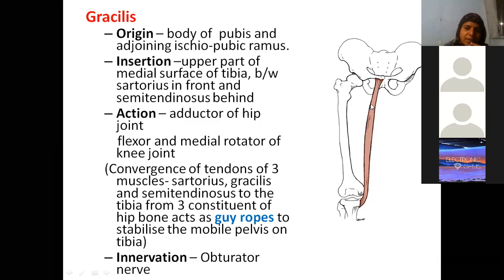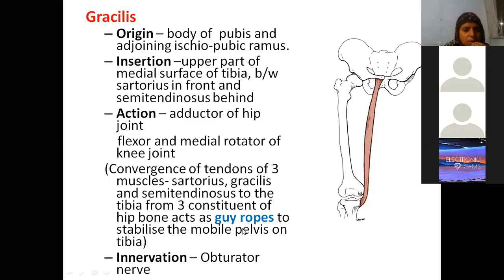Gracilis is a muscle of the medial compartment. Sartorius is a muscle of the anterior compartment. Isn't it, beta? And semitendinosus is a muscle of the posterior compartment. Everything will be suspended as though it is a tent. That's why it is called gyropes. Okay, beta?